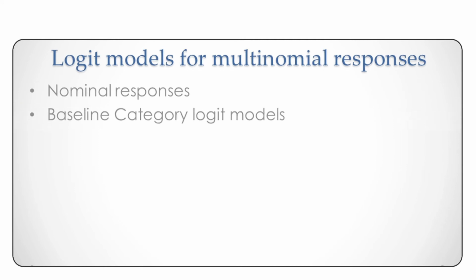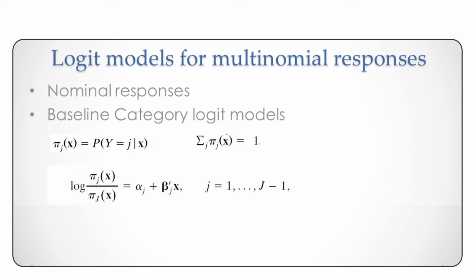Let us move a step back and look at the fitting of the logit models for multinomial responses. So here we are assuming nominal responses. The baseline category logit model, as we have seen before, is given by log of pi j x divided by pi capital J x equal to alpha j plus beta j prime x.